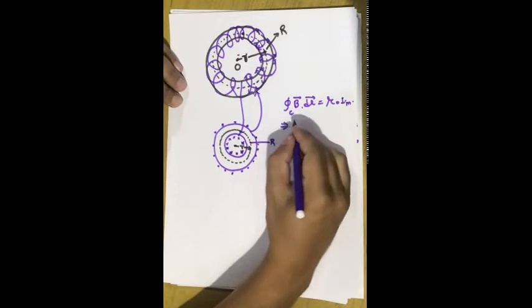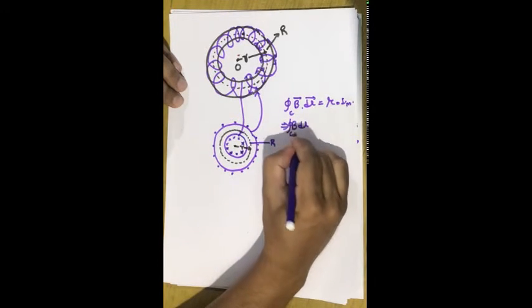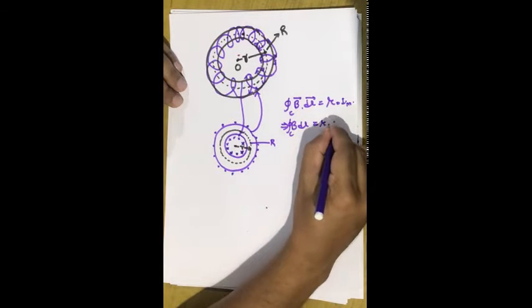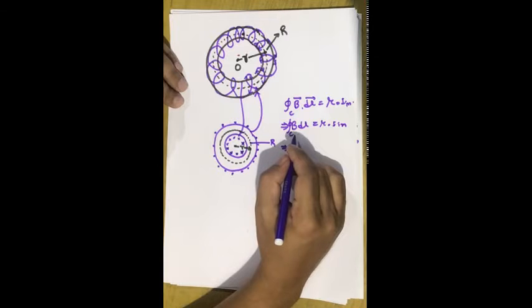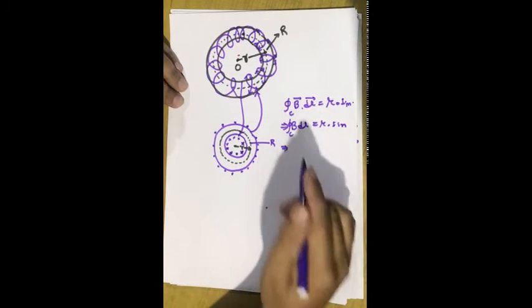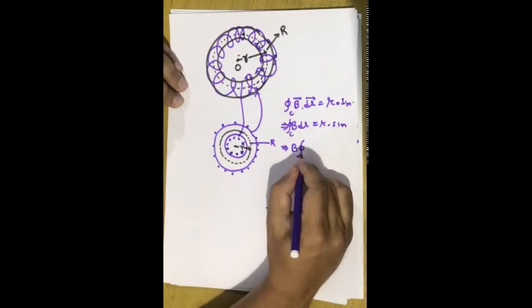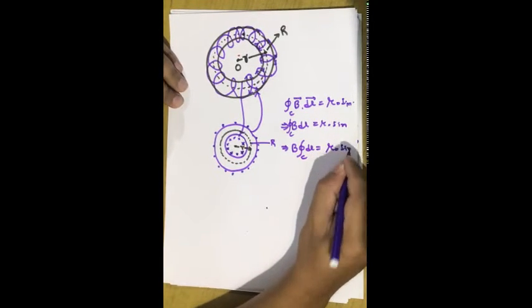Therefore, we can write B dl line integration, cos theta is equal to 0 in this case, equal to mu naught into I into C. B is a constant value, similar to the case of the solenoid, therefore we can take it out from the integration sign. So B times the integral of dl is equal to mu naught into I into C.